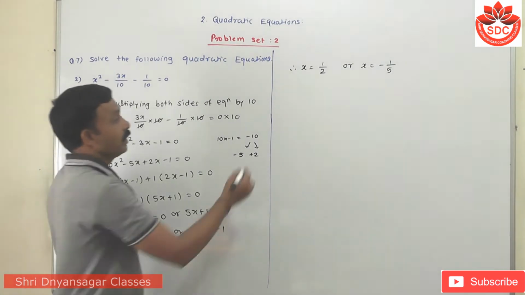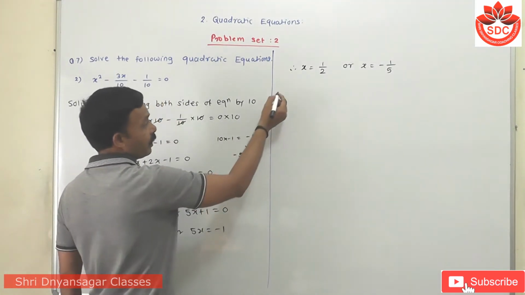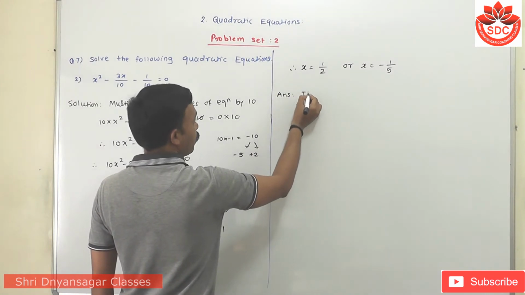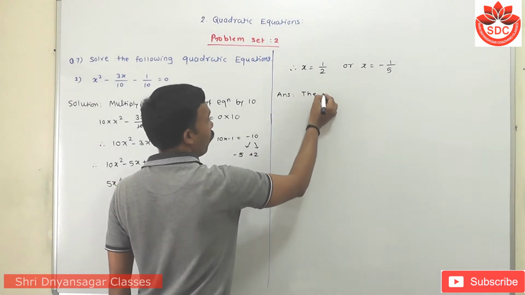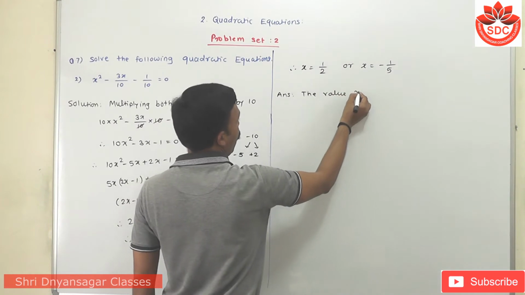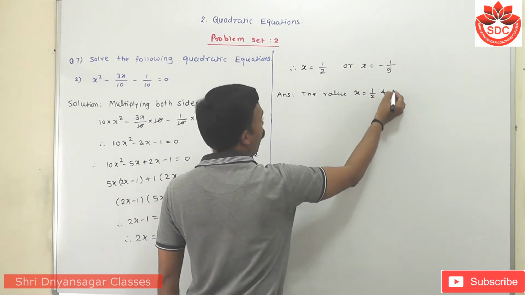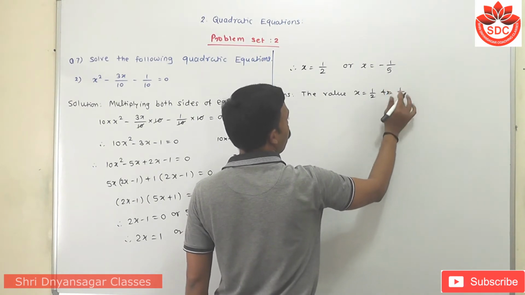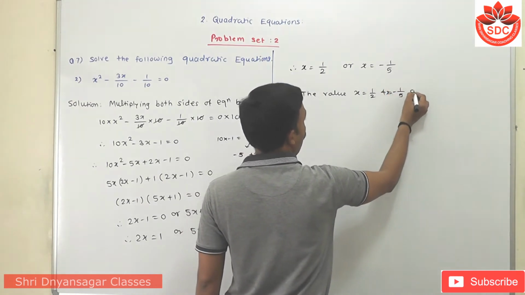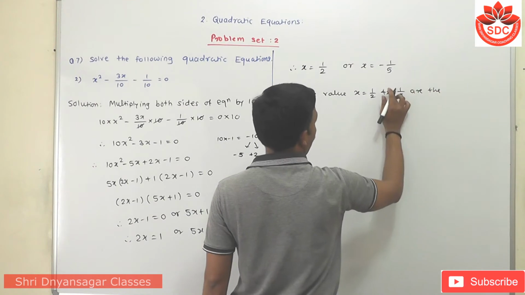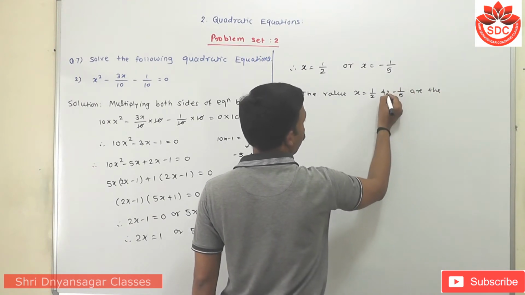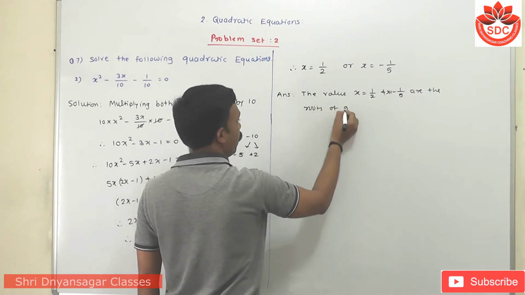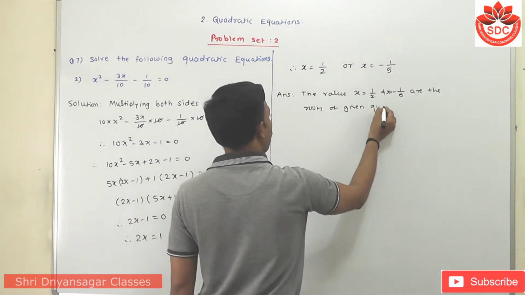Therefore this is the answer. In a full sentence: the values x is equal to 1 upon 2 and x is equal to minus 1 upon 5 are the roots of the given quadratic equation.